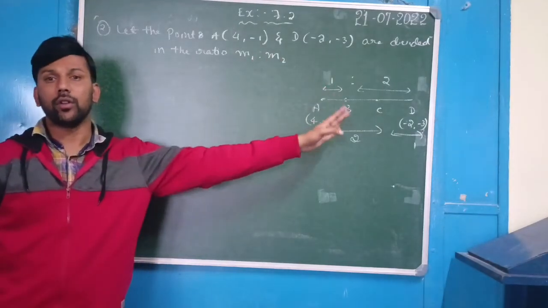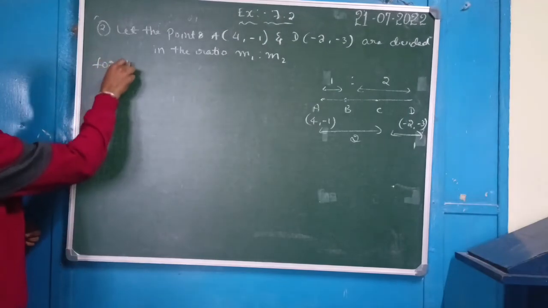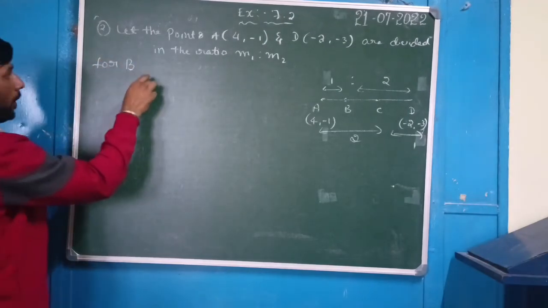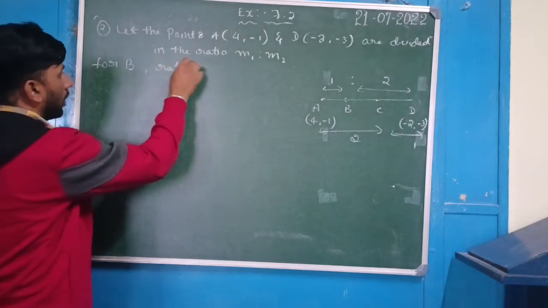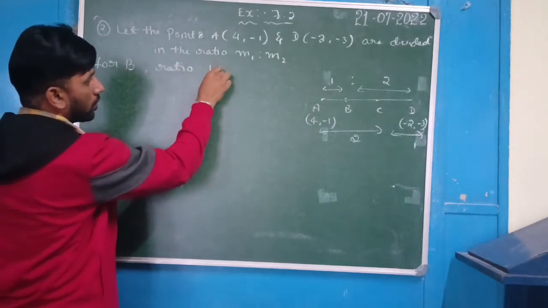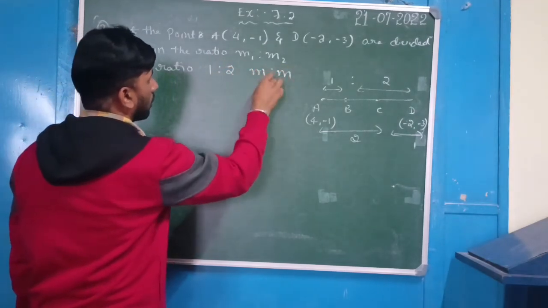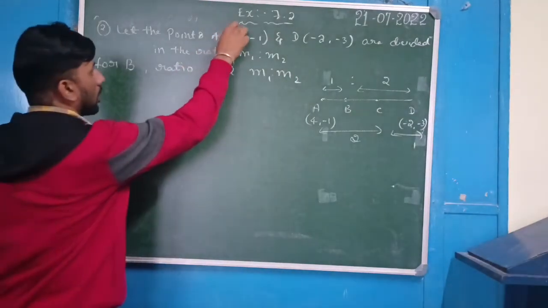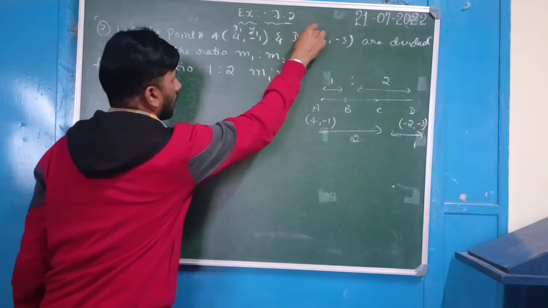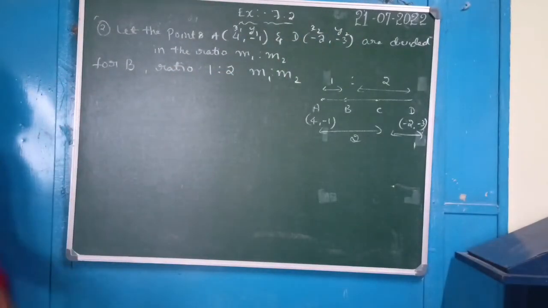Now we'll find the coordinate points of B first. So for B, the ratio is 1:2. That means it will become m1:m2. Take the same coordinate points, call these x1, y1, x2, y2. So for B we are finding by taking the ratio 1:2.